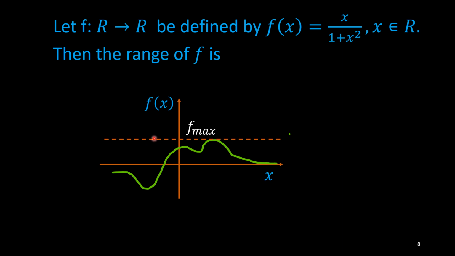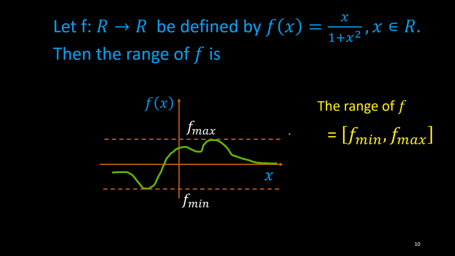Suppose this is the maximum value, f max. Similarly, we can find its minimum value as f min. So if I can find these two levels, f max and f min, then obviously the function value f of x will always lie between f min and f max for any x value.